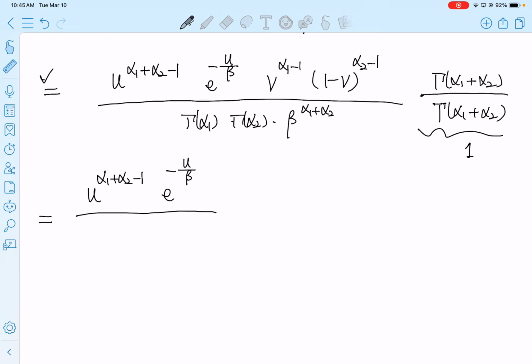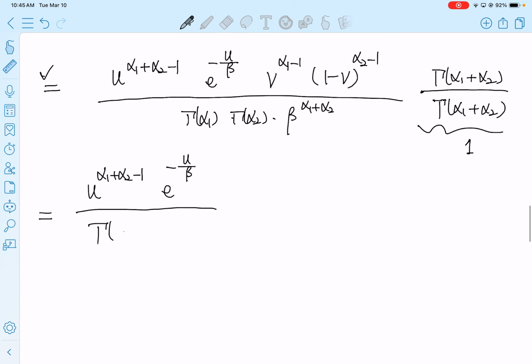Let me bring in the denominator that I introduced from the scalar of 1: the gamma function of alpha 1 plus alpha 2, and then beta raised to the power of alpha 1 plus alpha 2. So now I have an expression that looks like this, just borrowing the denominator from the factor of 1 that I introduced here. Let's group the remaining terms in the second component here.